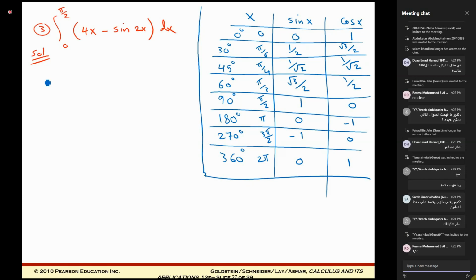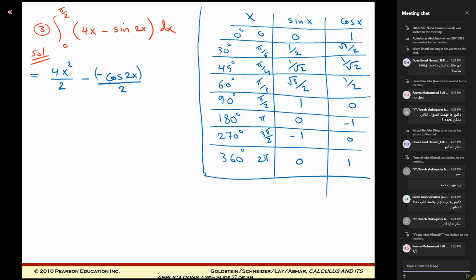Now the integral of 4x is equal to 4x squared over 2, because we have x to the power 1. After integration, x to the power 2 over 2, minus the integral of sine, which is equal to negative cosine 2x over 2.